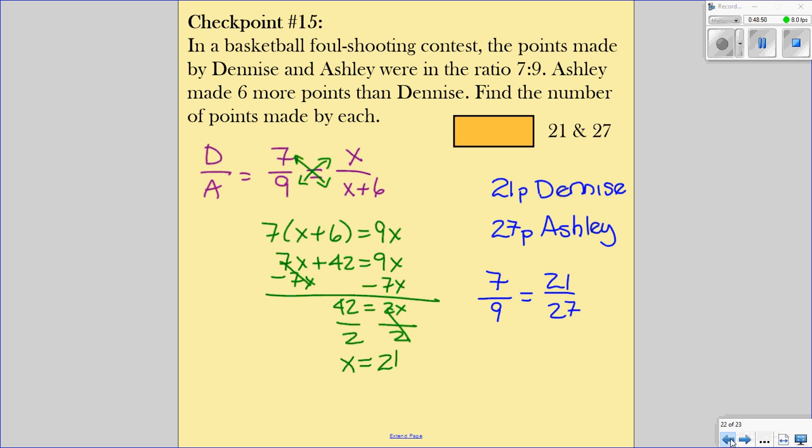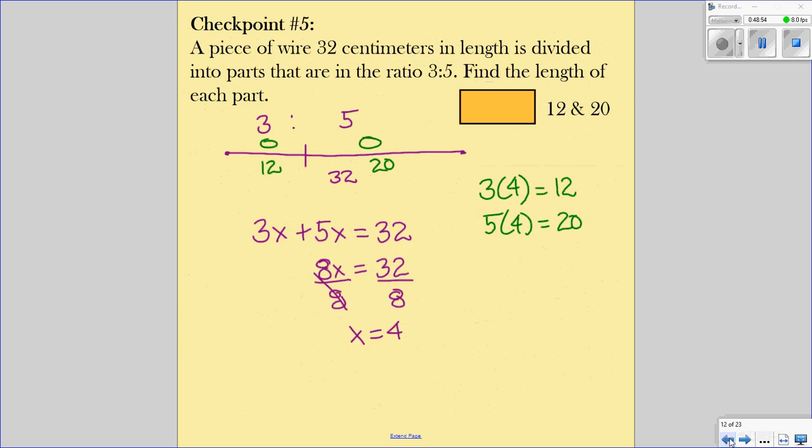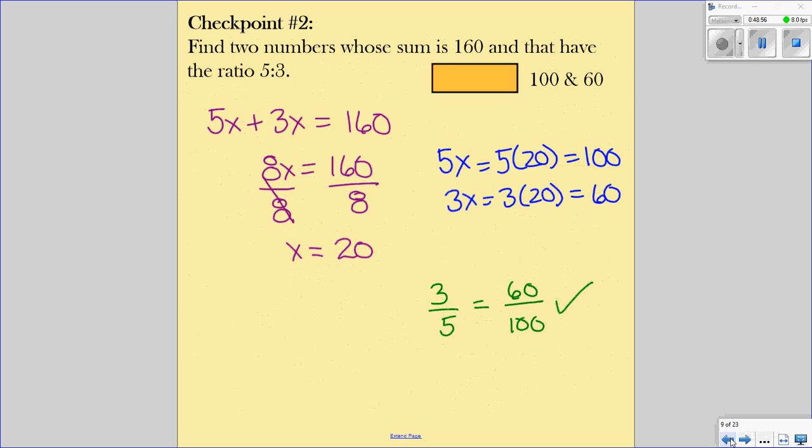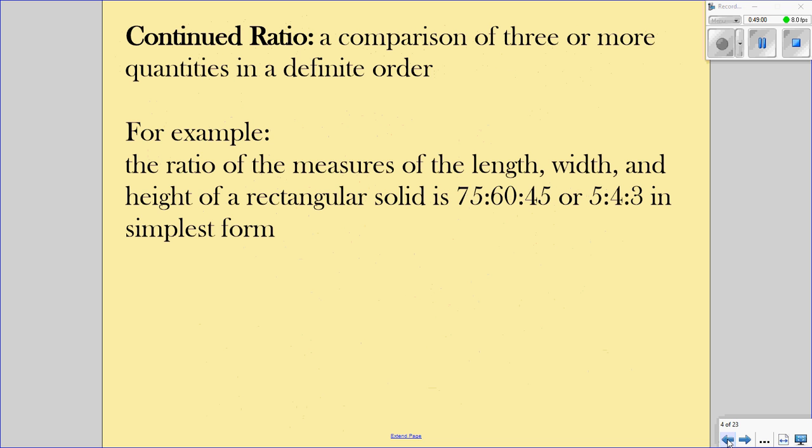Alright, so just a recap, since we are at the end of this lesson, and it was a very long one. We learned about continued ratios, which is a comparison of 3 or more quantities in a definite order. For example, if they give you the order length to width to height, then the first one, 75, goes to length, 60 goes to the width, and 45 goes to the height.